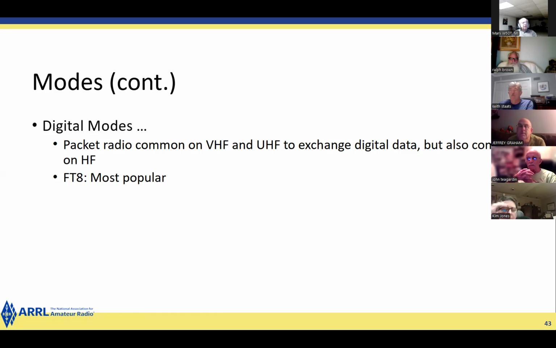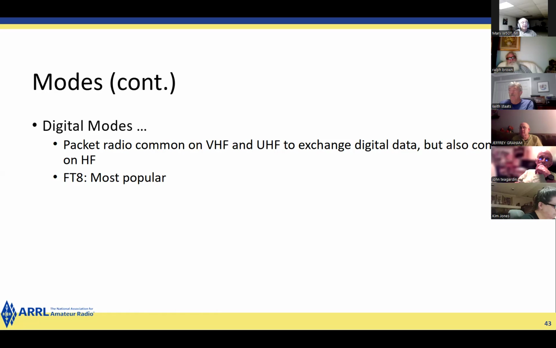FT8 started to fill the gap for a lot of guys who were having trouble with DX. A lot of DX stations were running CW, and these guys who couldn't run CW were stuck with single sideband. And if the DX stations weren't running much single sideband, they were not making very many DX contacts.